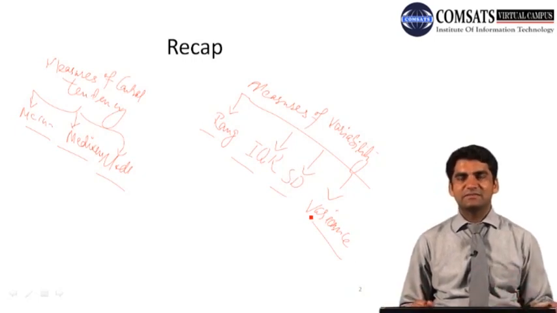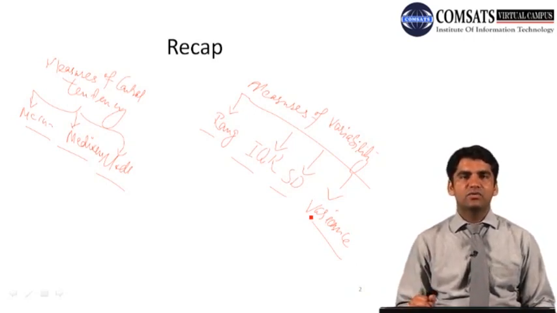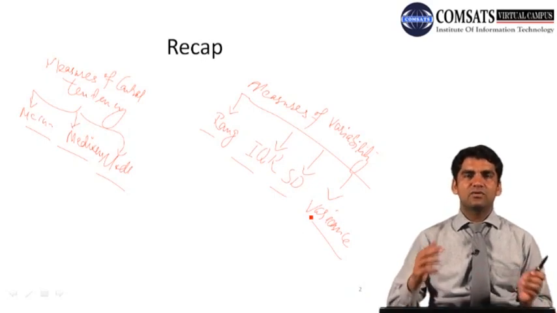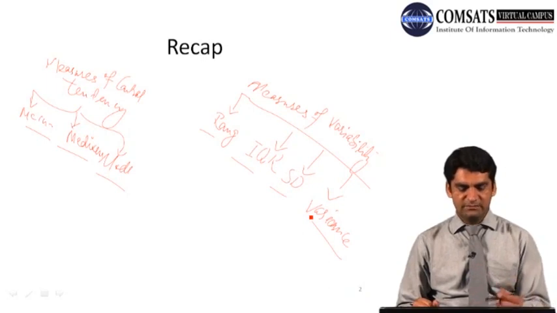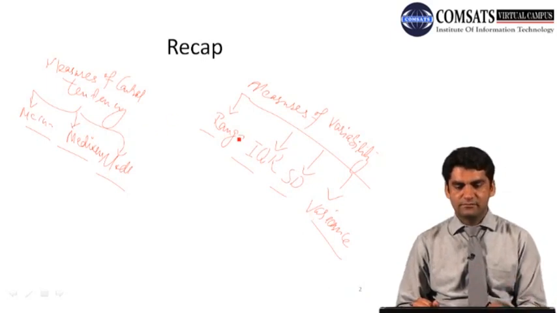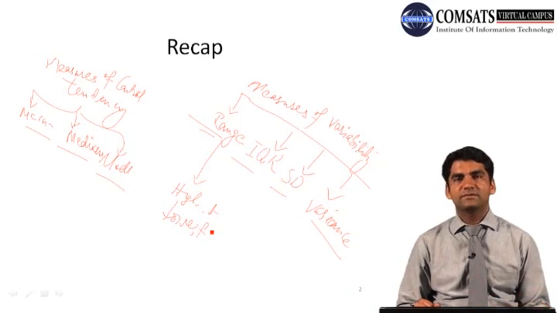So these are some of the measures of variability, and we have learned in previous lectures that how these measures help us understand the spread of our data. How are we in a position to see the range of our data? For example, range tells us the difference between the highest and lowest value.